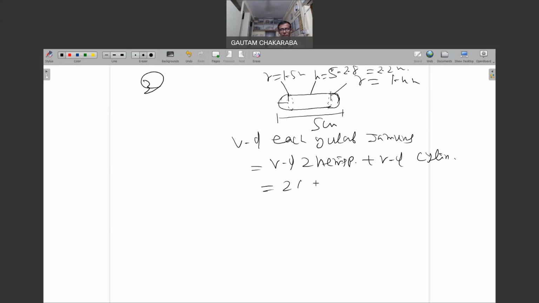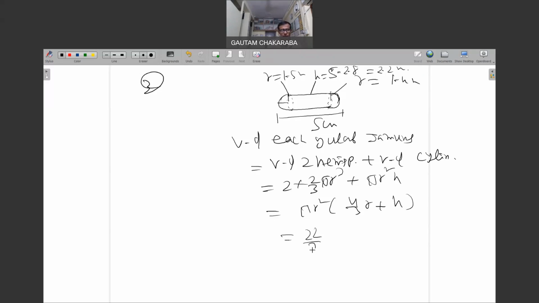So 2 times 2 by 3 pi r cube, plus volume of cylinder pi r square h. Now take common pi r square, 4 by 3 r plus h. Now put the value. Pi is not given. Okay.